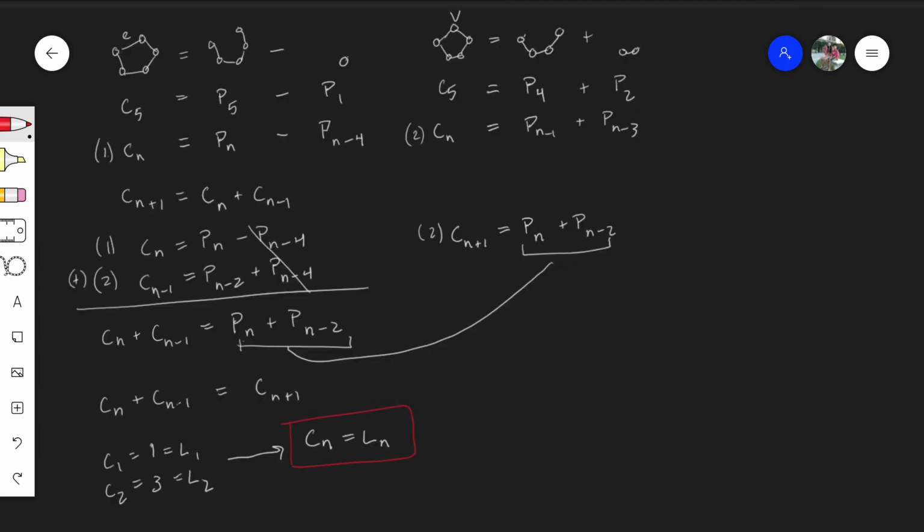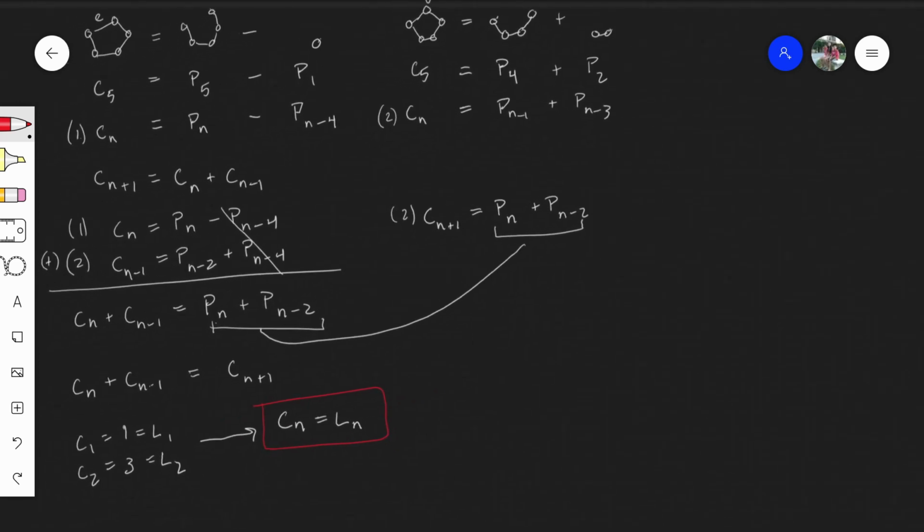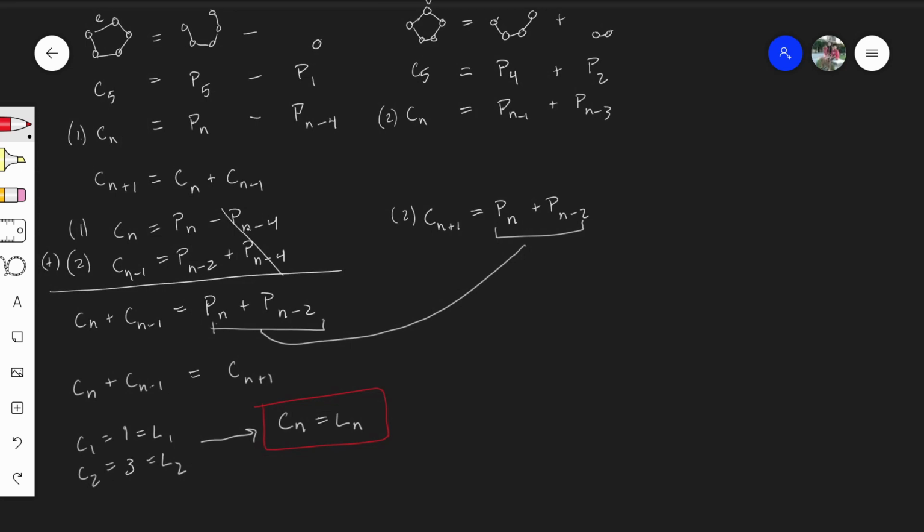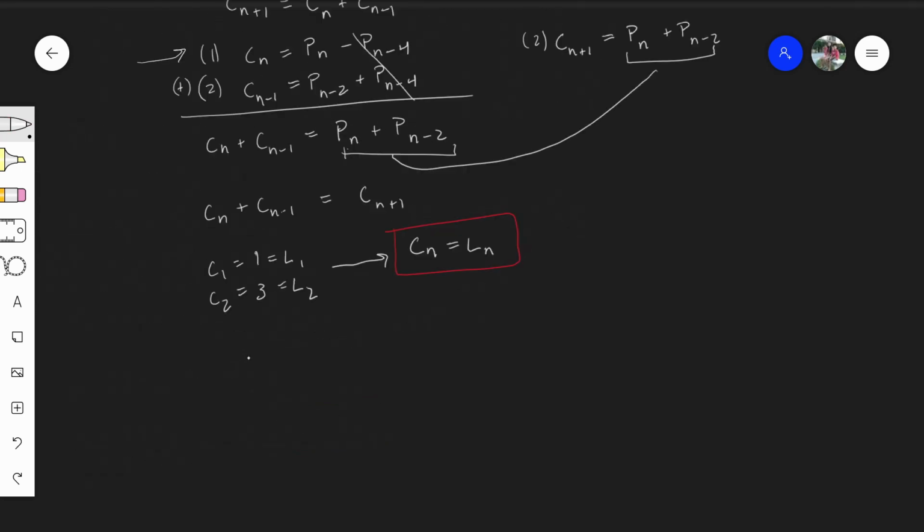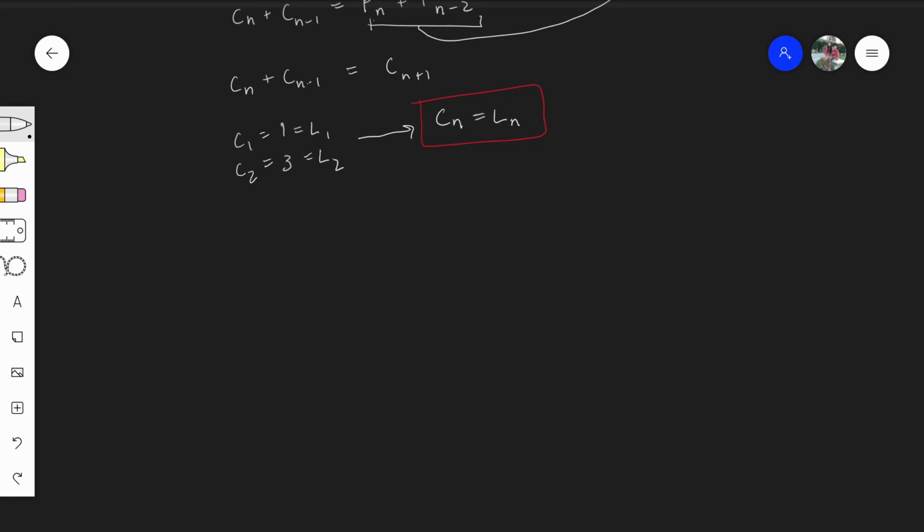So with this information, we can start drawing relations between Fibonacci numbers and Lucas numbers. For example, from equation 1 here, we stated that the number of ways you can color a cycle graph of size n is equal to Pn minus Pn minus 4.